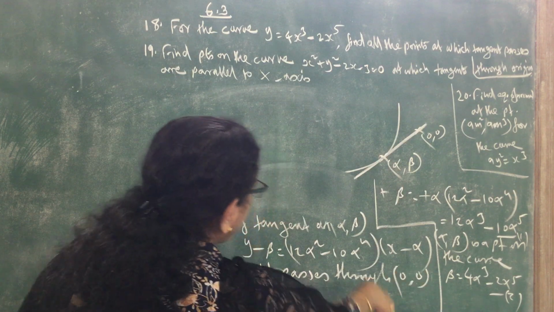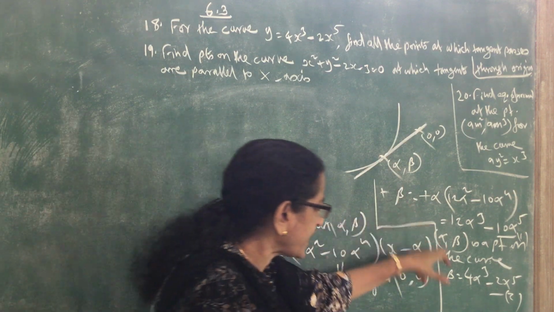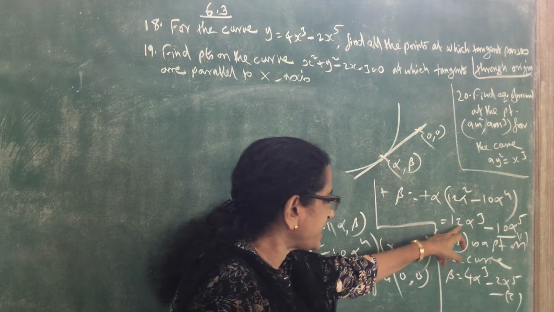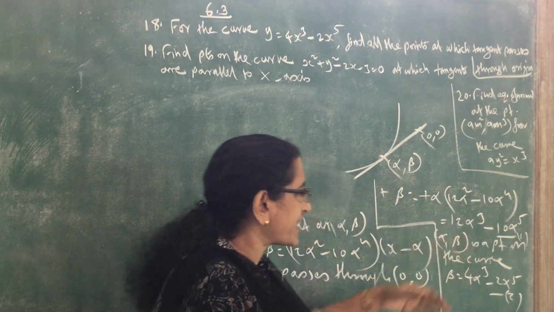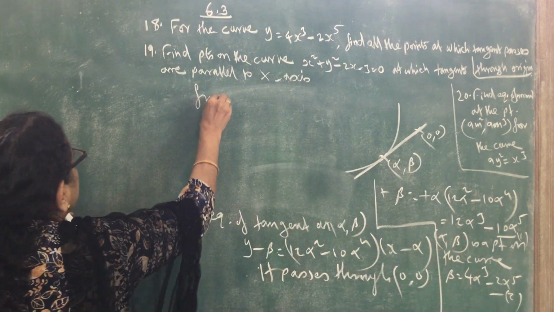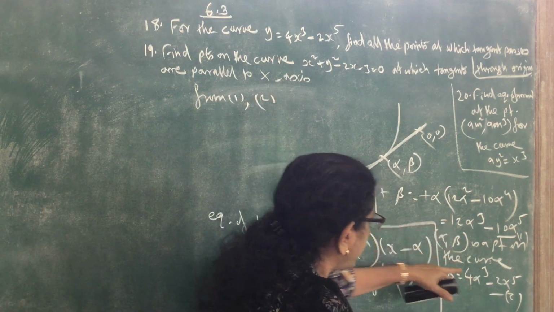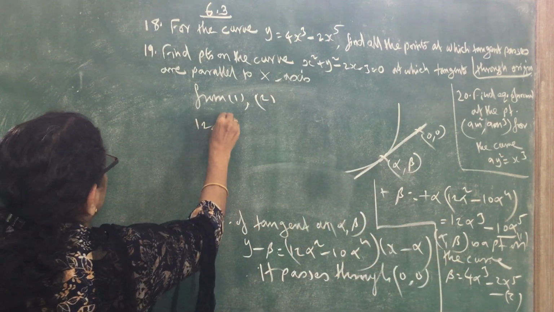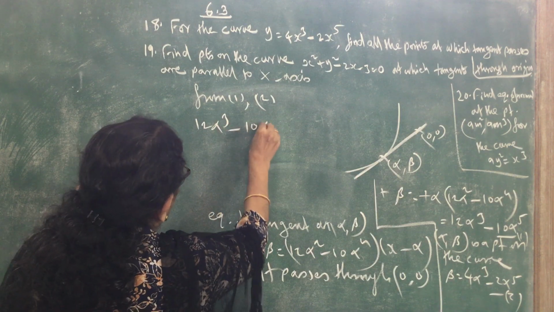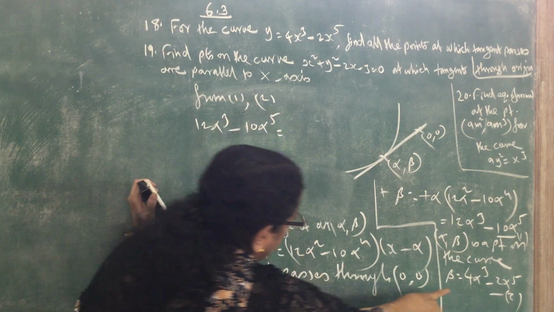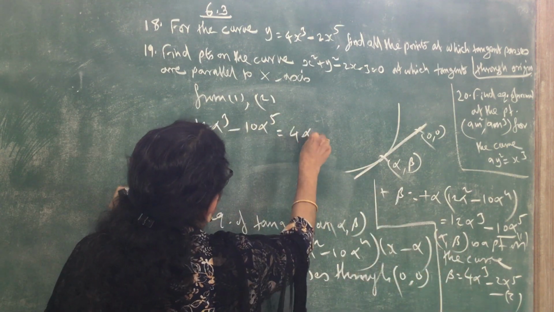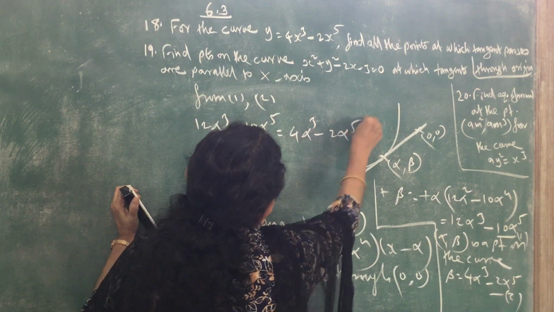From equations 1 and 2, the left side is beta, so we can equate the right sides. That is 12 alpha cube minus 10 alpha raised to 5 equal to 4 alpha cube minus 2 alpha raised to 5.